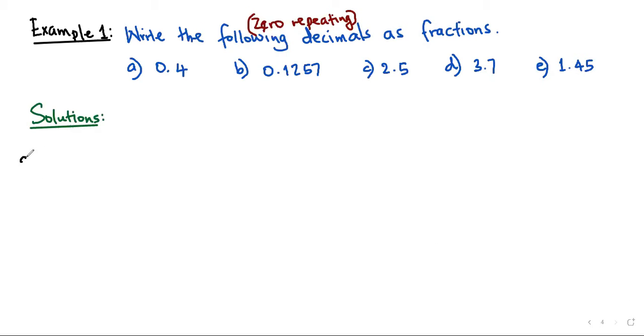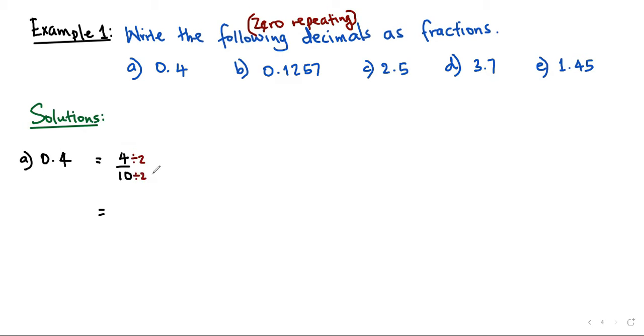So for part A, we have 0.4. And we all know that 0.4 as a fraction means 4 out of 10. Is that okay? So if we have 4 out of 10, we can write this in simplest form if we divide by 2, 4 divided by 2 and 10 divided by 2.